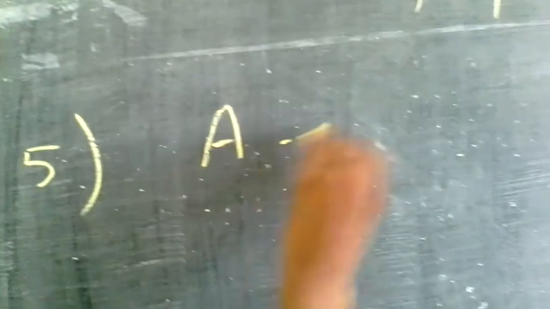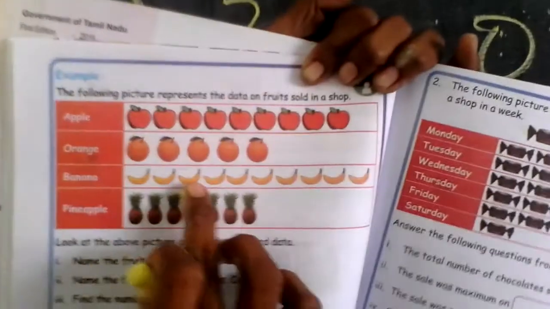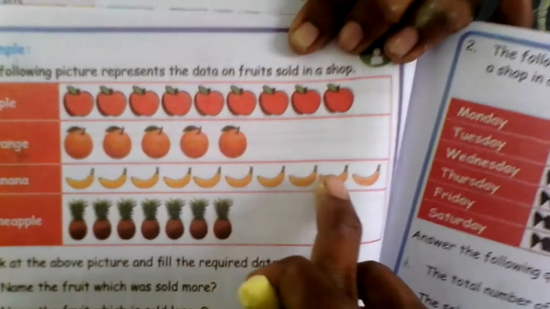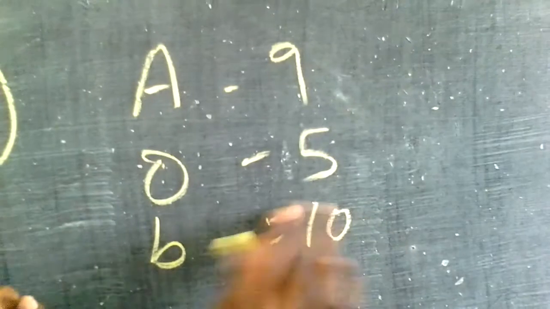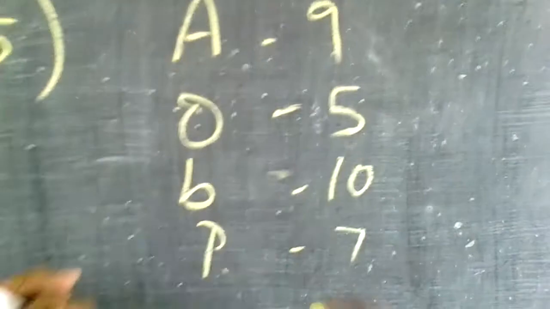Let me check. 1, 2, 3, 4, 5, 6, 7, 8, 9. So apple I have 9. And oranges I have 5. Then banana I have 1, 2, 3, 4, 5, 6, 7, 8, 9, 10. Then pineapple 1, 2, 3, 4, 5, 6, 7. 7, right?